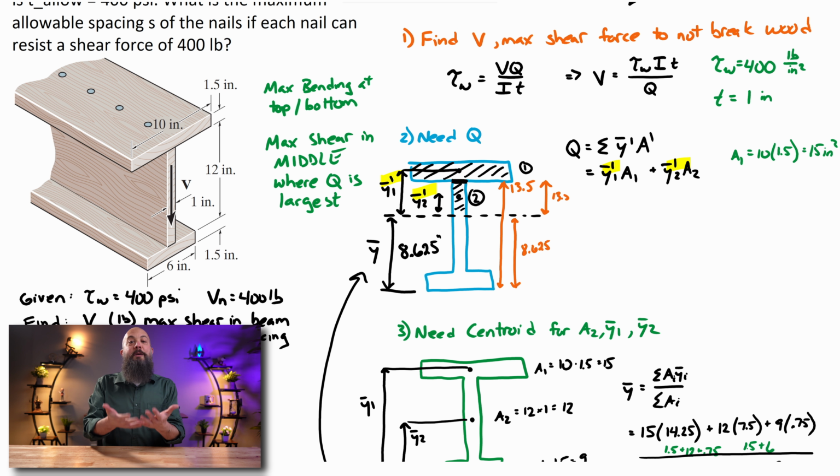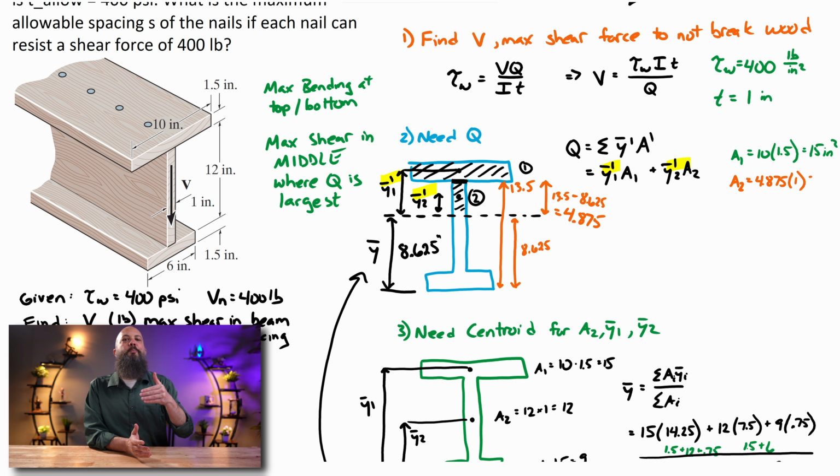So for the y bar primes, if 4.875 is the height of that rectangle, half of that height, the 2.4, is going to be the y bar prime. So that's the distance from the center of that little rectangle back down to the centroid.